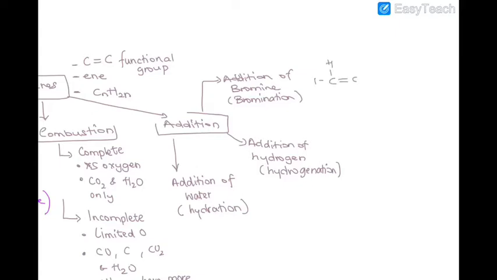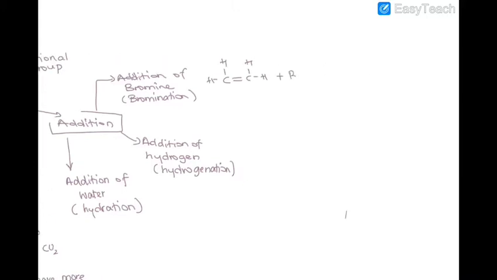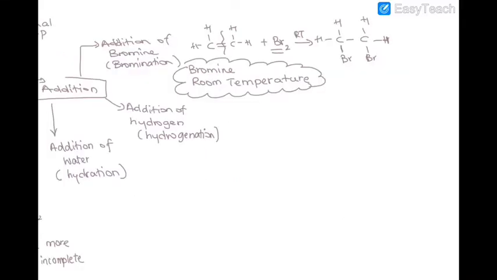So for example, if you have ethene, you have bromine that is going to be added to that, and here you still have the ethene part, and then the bromine will add here. So Br and Br. So it splits that double bond. And this occurs at room temperature. So the conditions for this are bromine and room temperature.